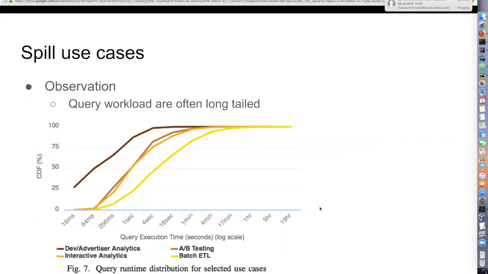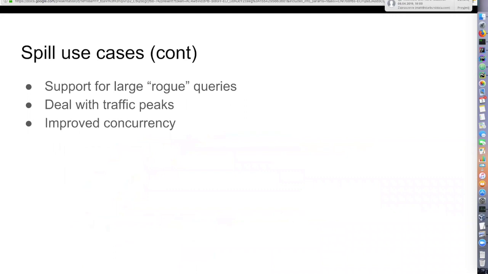So because of that, if you take that into account, then for most of the time the cluster resources should be fine, but then there might be some rogue queries that come in, like a large ETL or skewed aggregation or something like that, that can saturate the memory and, if the reserved pool was enabled, could reduce the concurrency or make the queries fail.